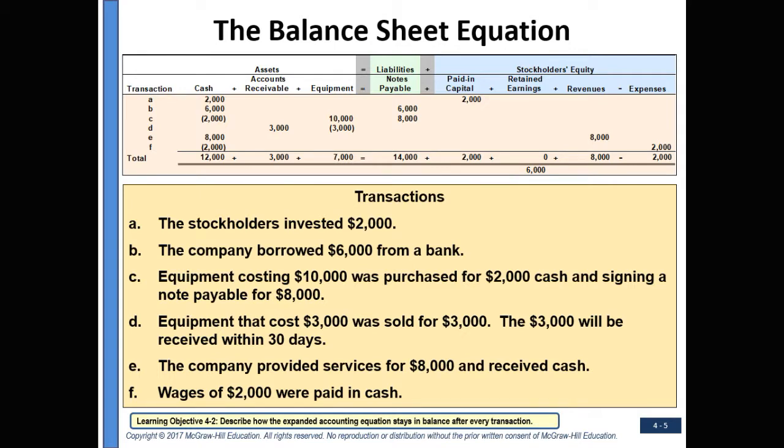Transaction C, equipment costing $10,000 was purchased for $2,000 in cash and signing a note payable for $8,000, resulting in a decrease of $2,000 in the cash account, an increase of $10,000 in the equipment account, and an increase of $8,000 in the notes payable account.